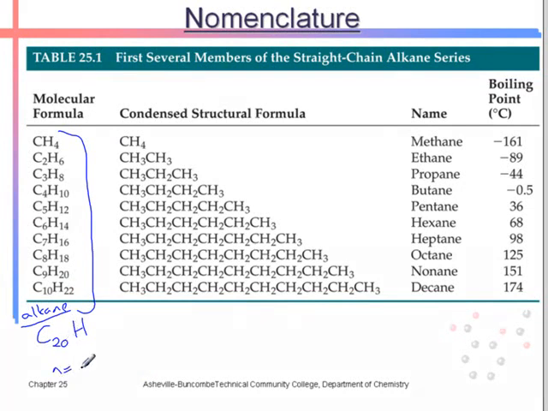Well, in this case, N is equal to 20. Remember, the ratio for the hydrogen is 2N plus 2, given on the previous slide. And so 2 times 20 is 40, plus 2 is 42. And so what it does is establish the molecular formula for this particular saturated hydrocarbon.